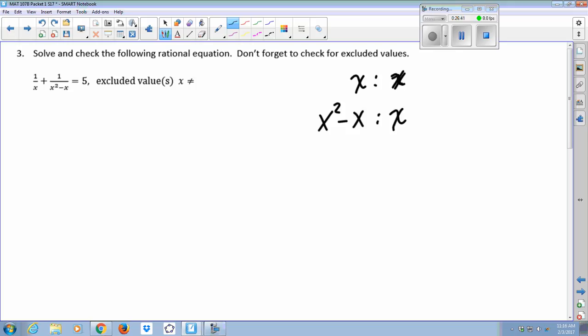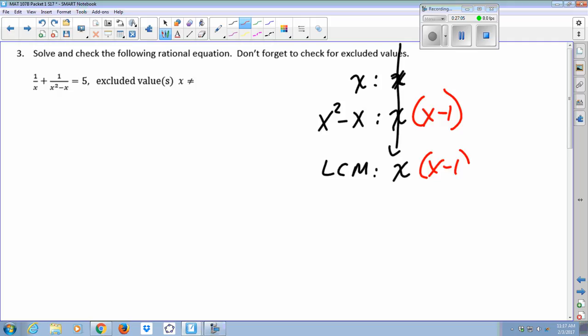And then whatever's remaining, what other factor that's part of this, will be a new prime factor. So how many different colors do you see here? 2. How many factors will I have in my denominator? 2. X. So to get my LCM, I need an x as a factor, and I need x minus 1. That's all I need.